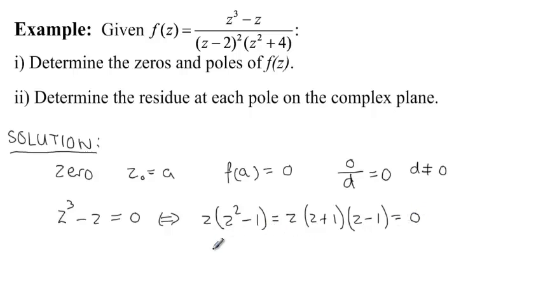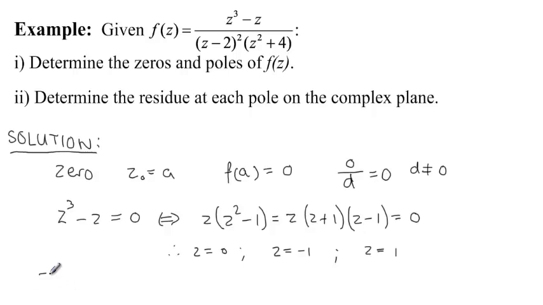Now, solving this equation, we can clearly see that the solutions are z equal to 0, or z minus 1 equals 0, or z plus 1 equals 0. So this function has 3 zeros, which are 0, minus 1, and 1. So the zeros are determined there.